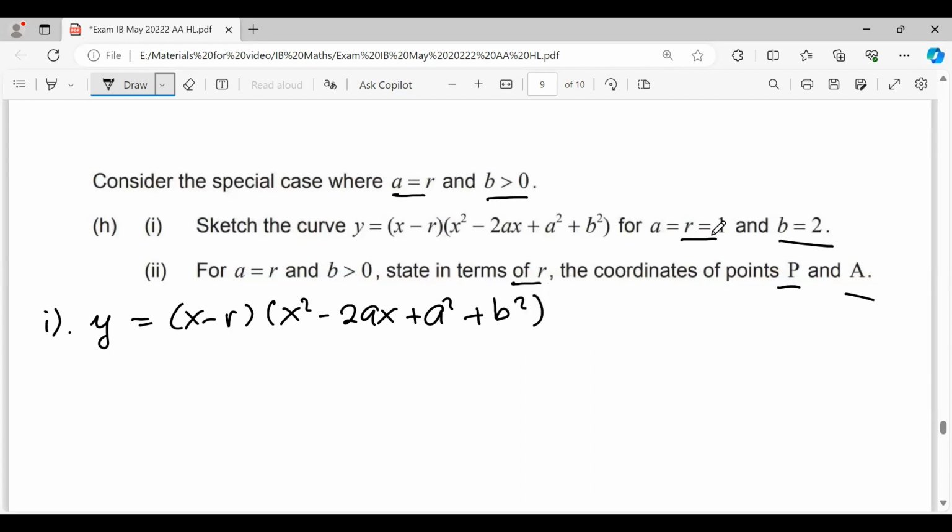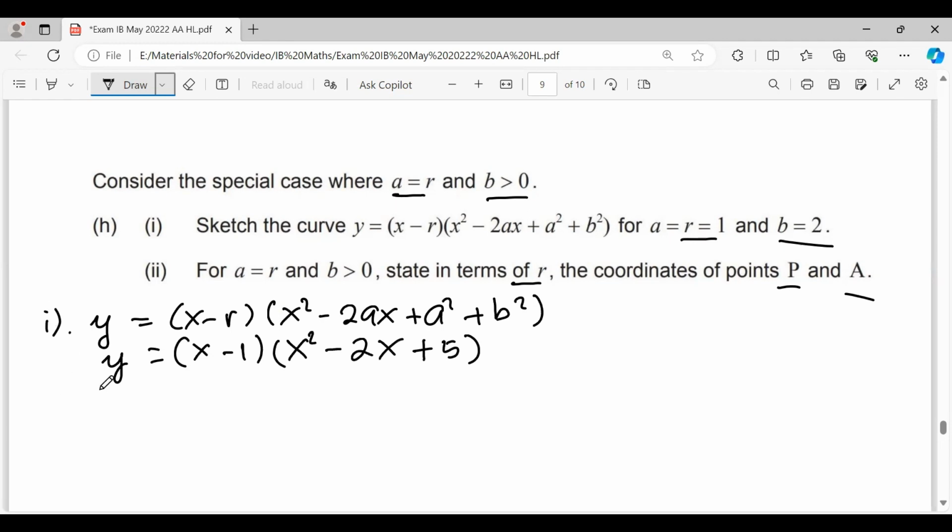So if we substitute these numbers, it becomes (x minus 1) times (x squared minus 2x plus 1 plus 5). Yeah, plus 5. Right.